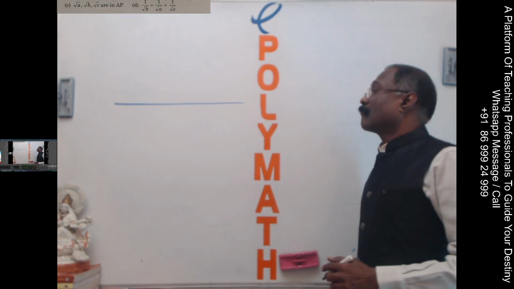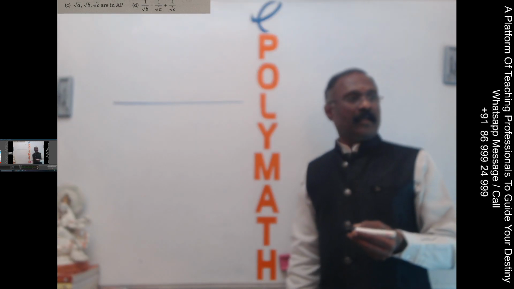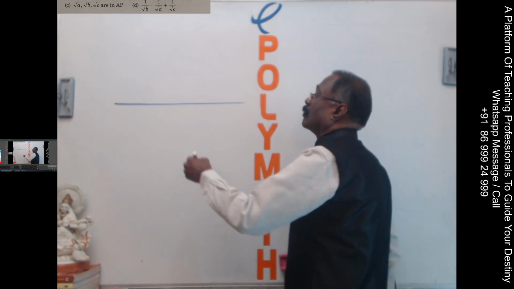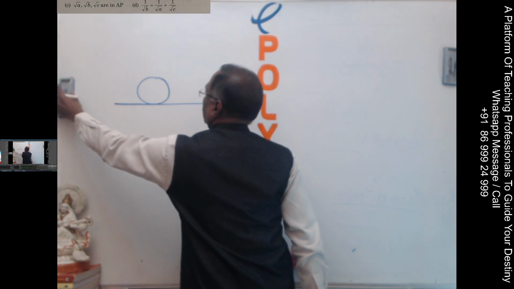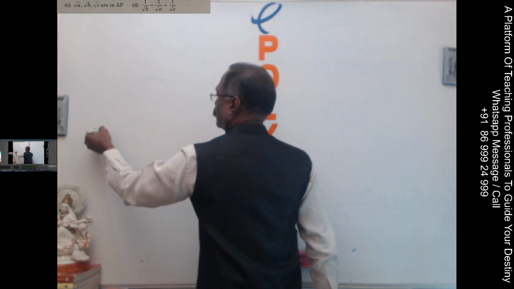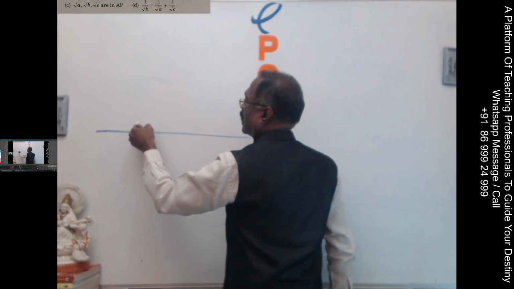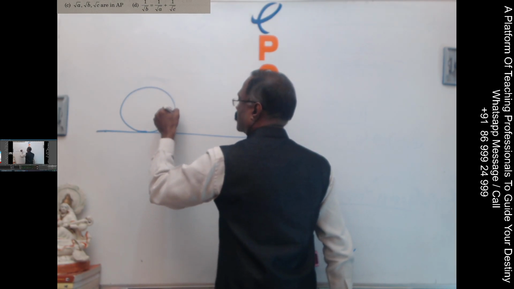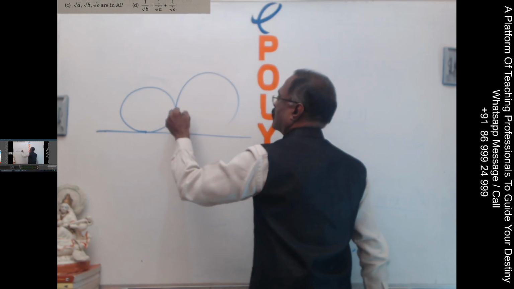Now, there is a small circle, then a big circle, then a still bigger circle. 3 circles of different sizes. This is one circle. I have to construct it bigger here, to have the clarity. This is one circle, this is another circle.